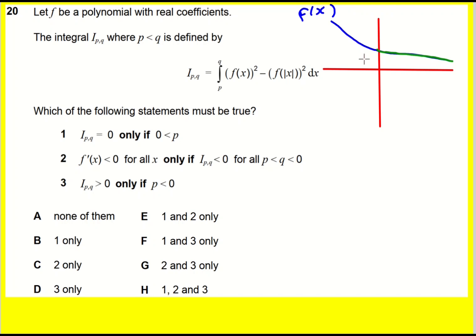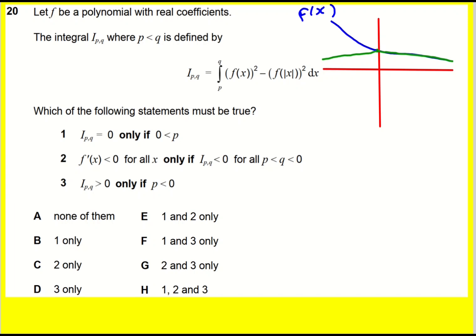But if it's negative, then f of, say, minus 2 would be f of 2. And we're going to end up getting a reflection of the green part in the y-axis. It's going to end up looking like this. We're then, of course, squaring both, which I'm not going to do on the graph, and then we're subtracting them.